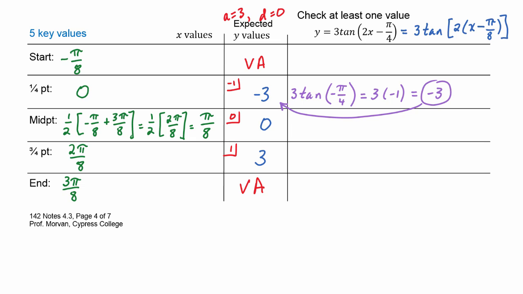So now we're ready to plot our graph. We know the 5 key values are at negative pi over 8, there'll be a vertical asymptote. Then we're plotting the points 0, 3; pi over 8, 0; and 2 pi over 8, 3, and then it ends with the vertical asymptote there. So let's make our graph.